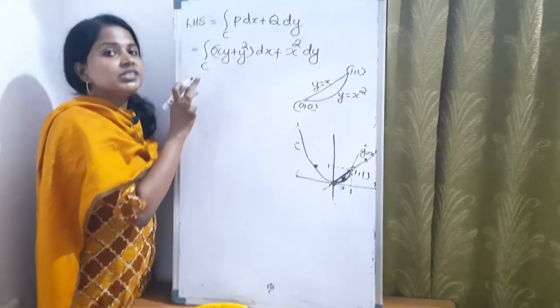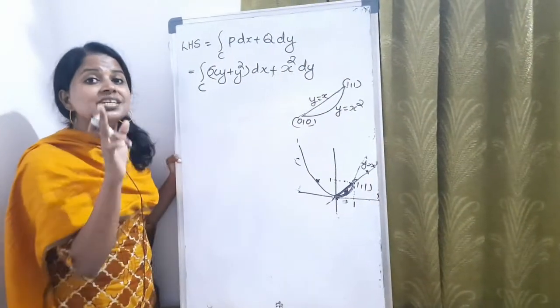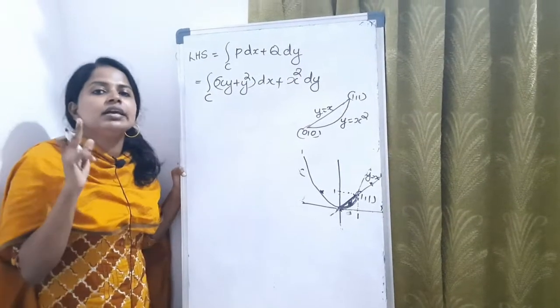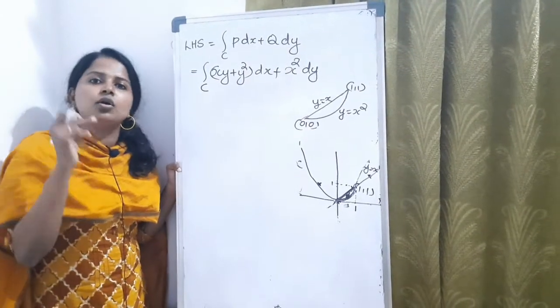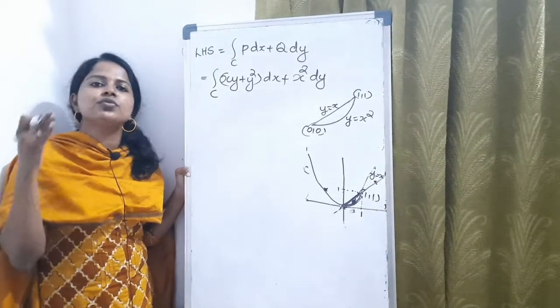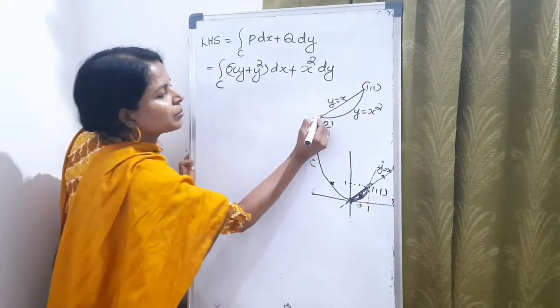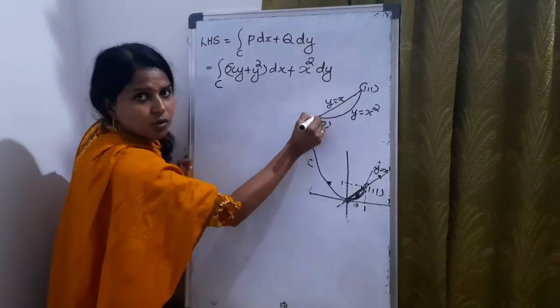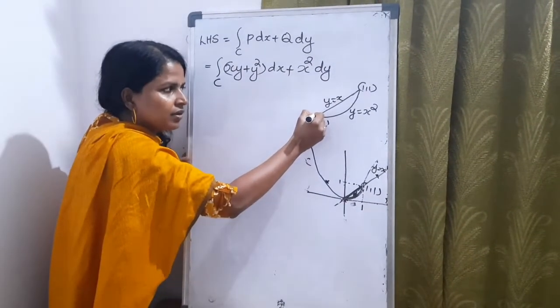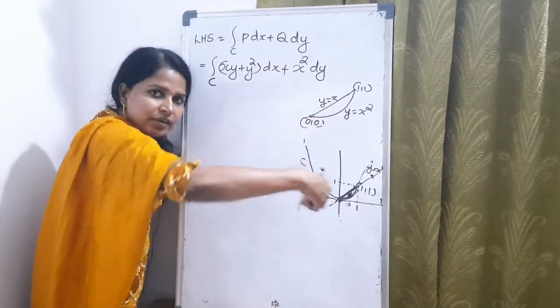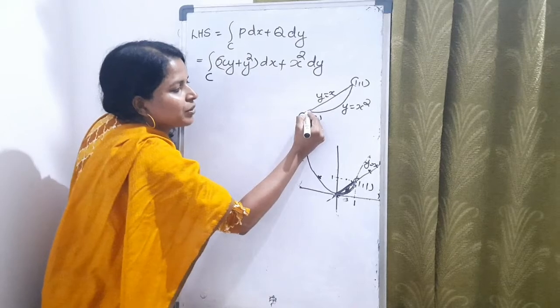So, in the question, positively oriented. What is positively oriented? Positively oriented means anti-clockwise direction, the opposite of clockwise direction. So we start from here, this is 0, 0. Then travel. This is the clockwise direction, right side. Anti-clockwise means the opposite direction. Start from here.